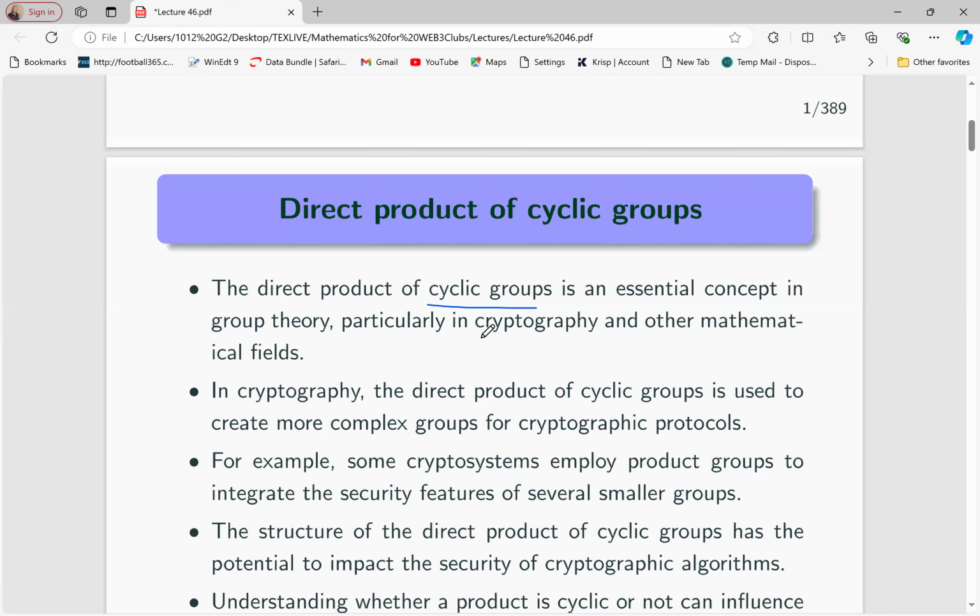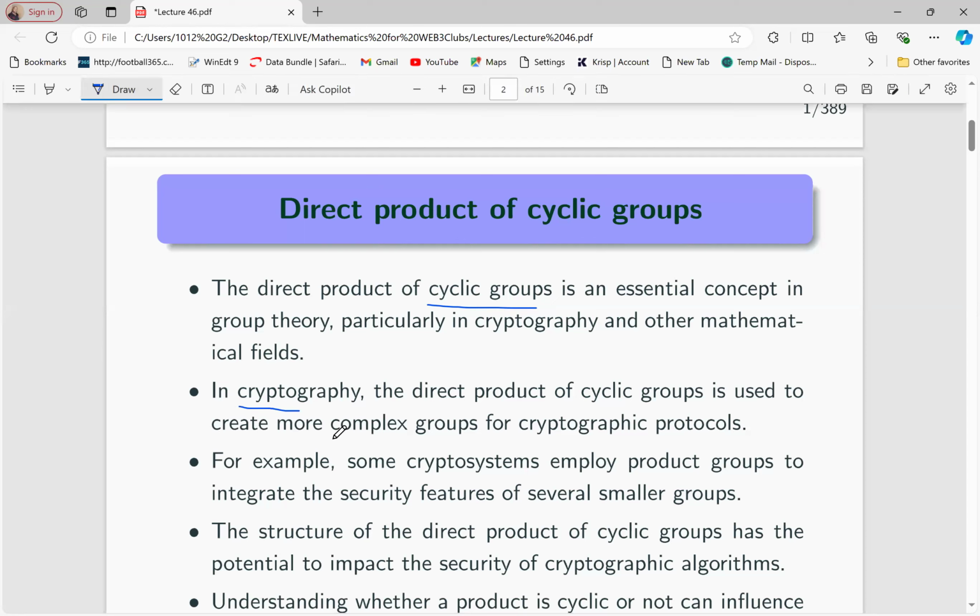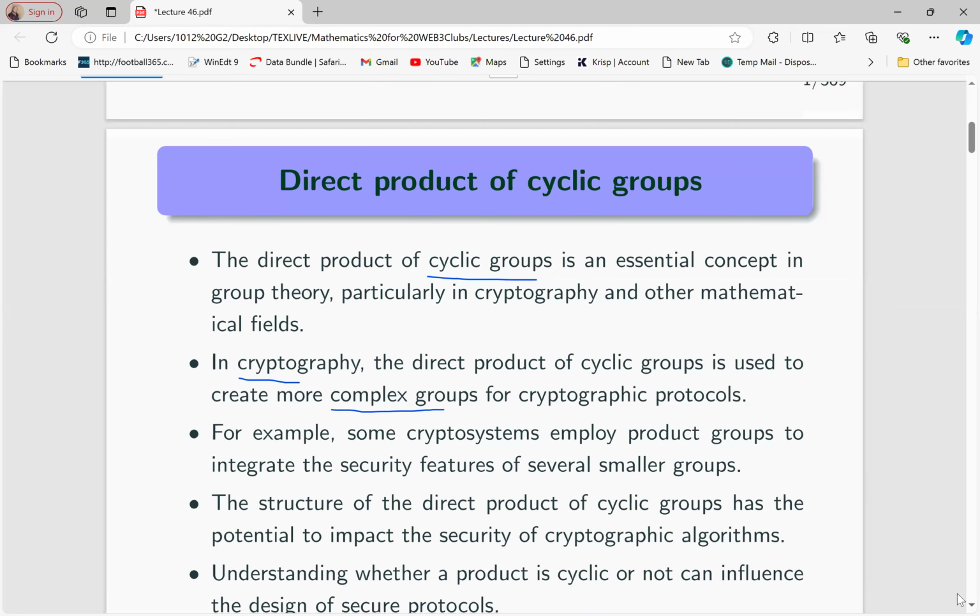And this concept is important in cryptography and other mathematical fields. For instance, in cryptography, the direct product of cyclic groups will be used to create more complex groups for cryptographic protocols. Of course, when you're making these protocols, you want to have something that is more secure.